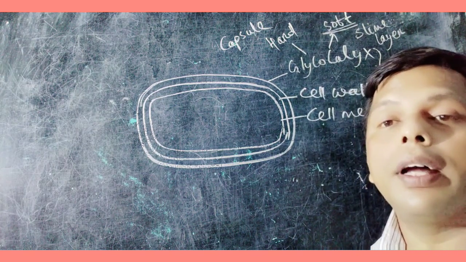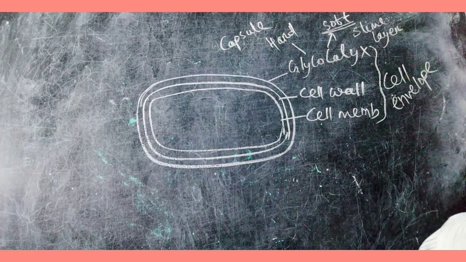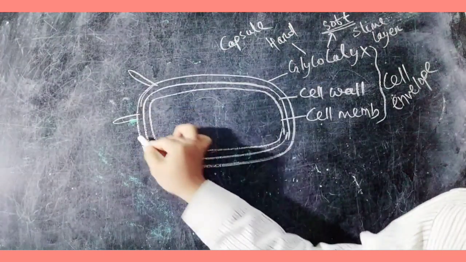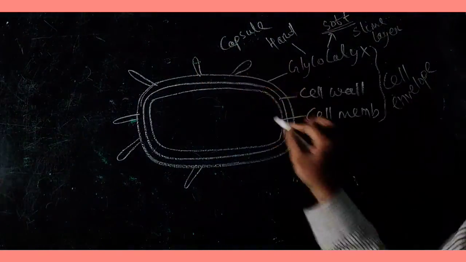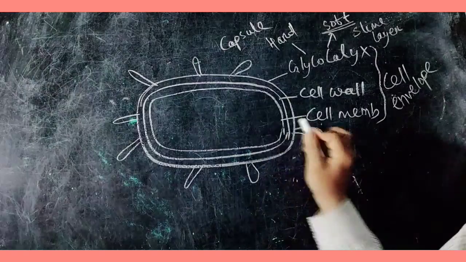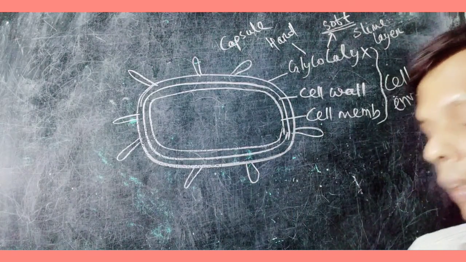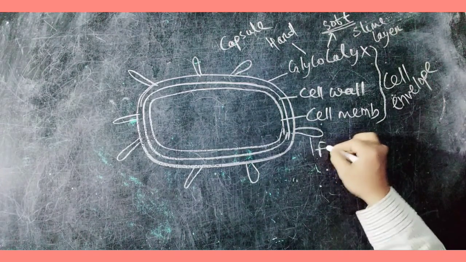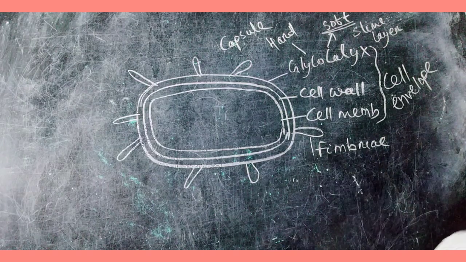It is found that on its outer surface, a number of finger-like structures are found, which help in holding the prokaryotic cell or holding the bacteria. These finger-like structures are called fimbriae.